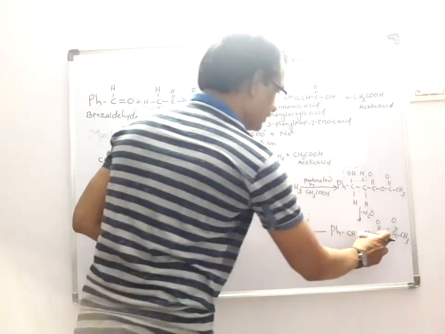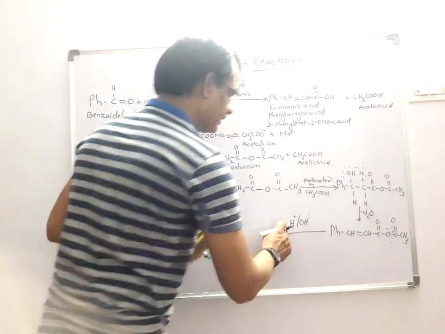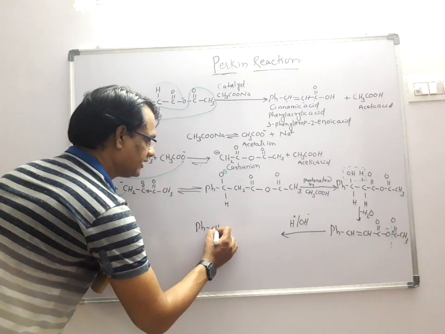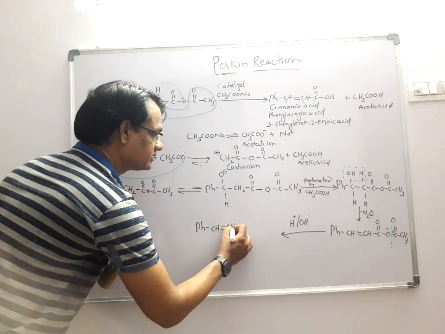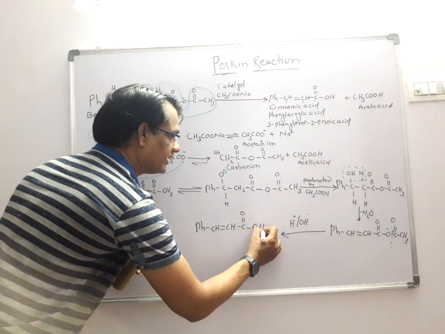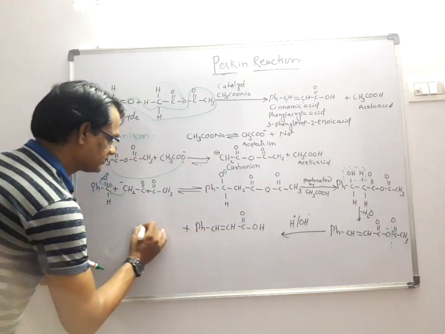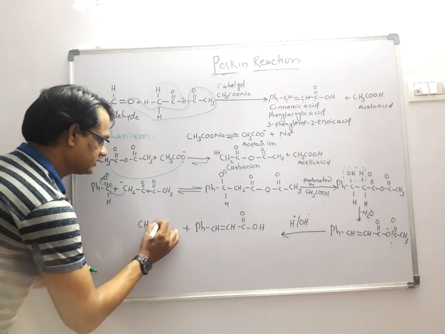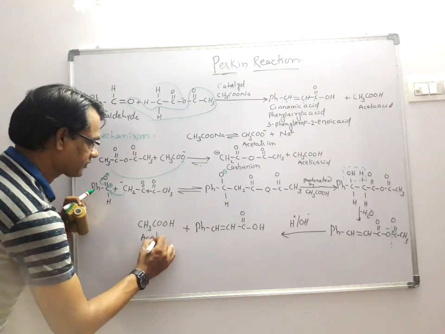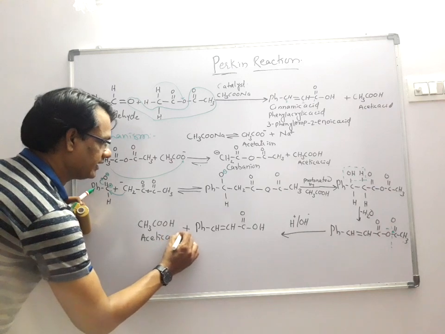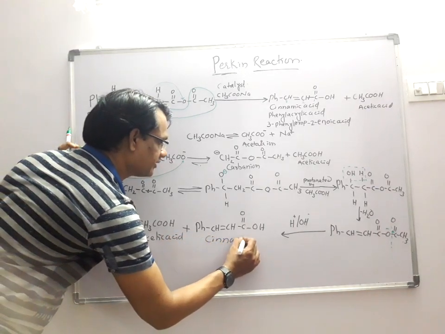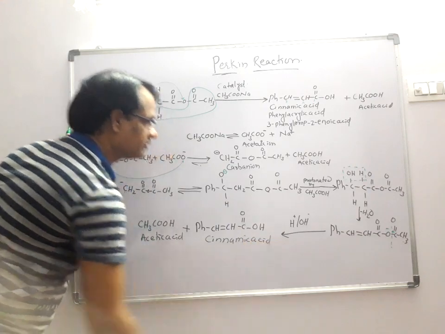To this negative sign, the H plus ion will be attached and it will form Ph CH=CH, C=O, OH, plus CH3, C=O, OH. This is acetic acid and this one is cinnamic acid. This is cinnamic acid, right?